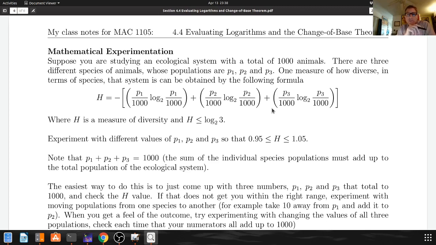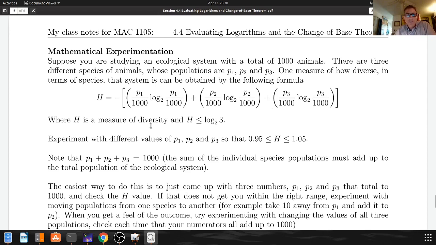So one measure of how diverse in terms of species the system is can be obtained by the following formula. H is equal to minus, in brackets, a sum of terms: P1 divided by 1,000, that's going to be a number, times the base 2 log of P1 divided by 1,000, plus P2 divided by 1,000 times the base 2 log of P2 divided by 1,000, plus P3 divided by 1,000 times the base 2 log of P3 divided by 1,000.